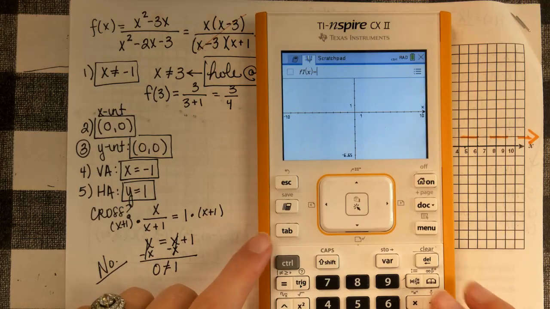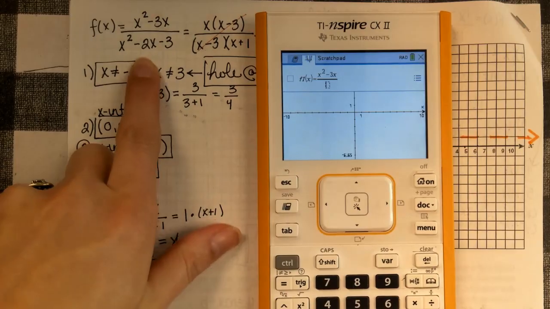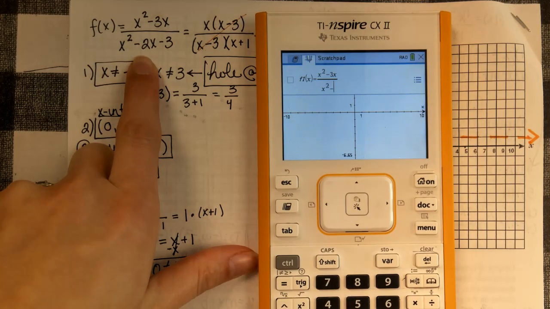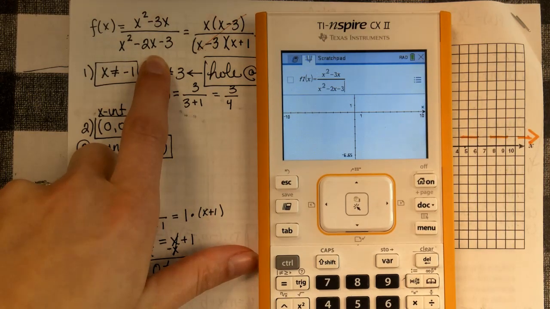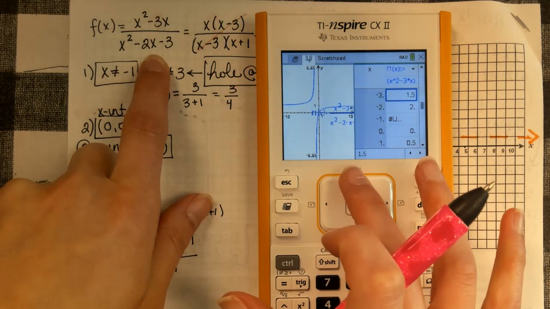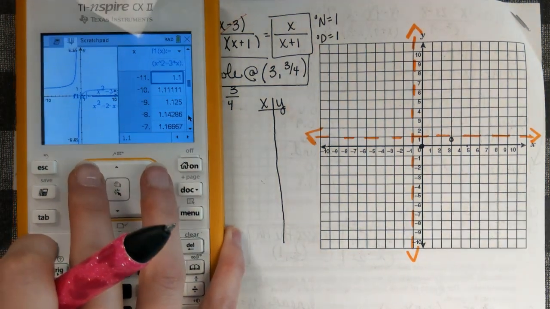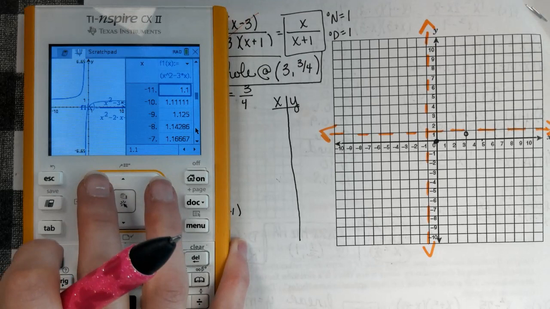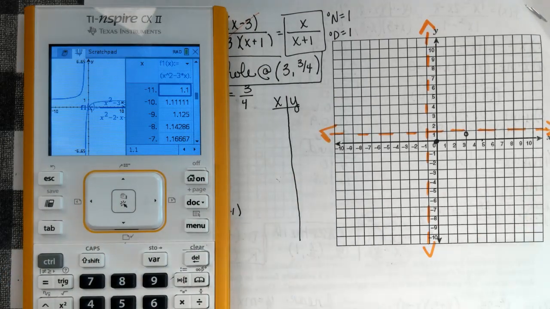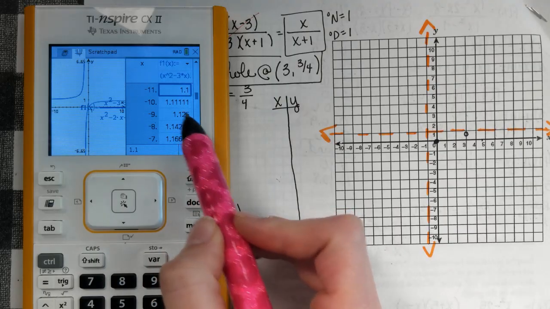you can type control divide x squared minus 3x over x squared minus 2x minus 3. Control T. So all of these decimals are really close to each other.